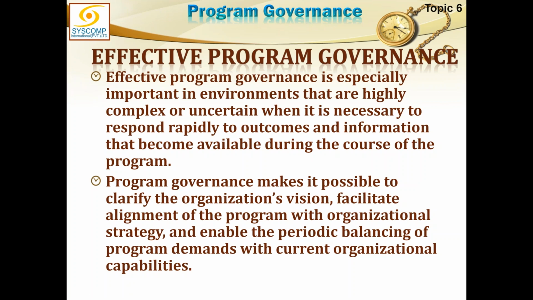And if there is any progressive elaboration, we have to keep balancing our program, and we have to keep checking, is it still aligned with the strategy or not. So we should always keep in our mind the vision of the organization, the alignment of the strategy, and we must keep balancing it periodically with the program demands, with current organizational capabilities.